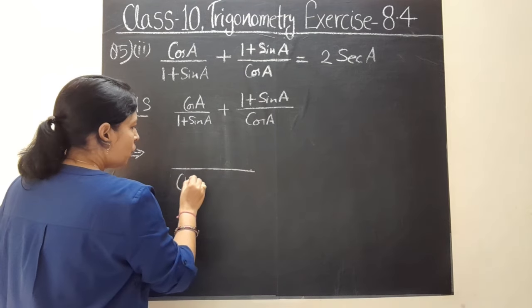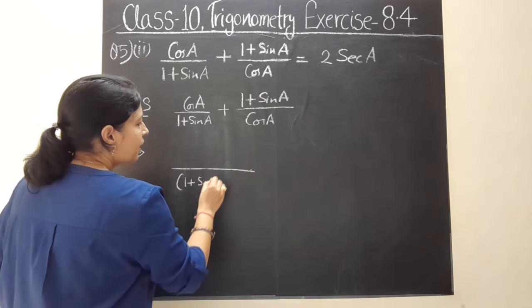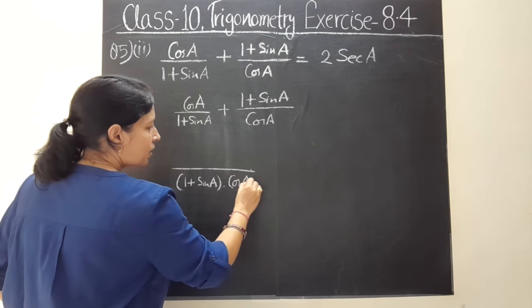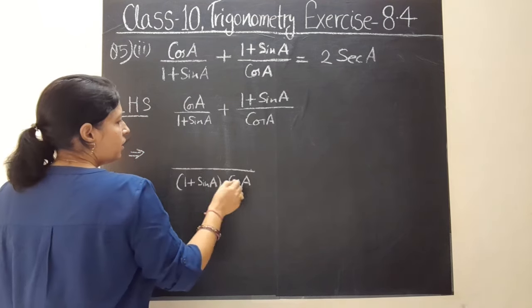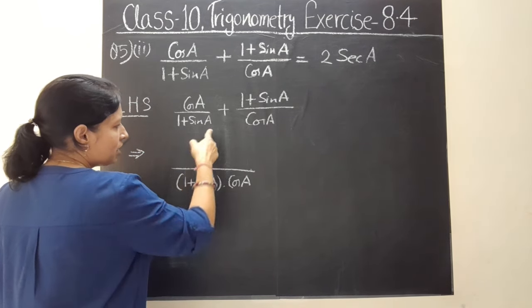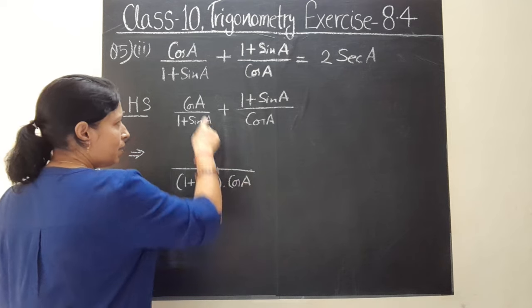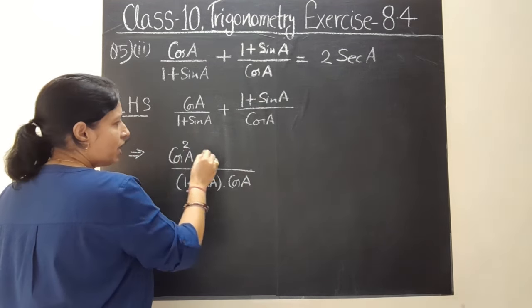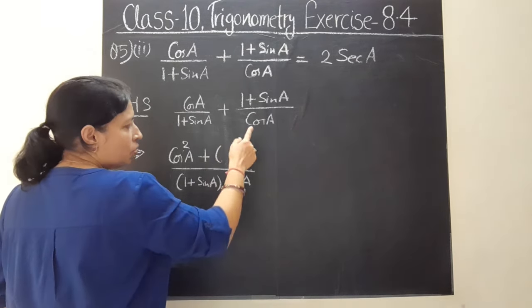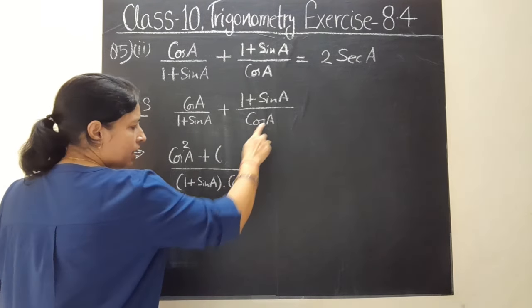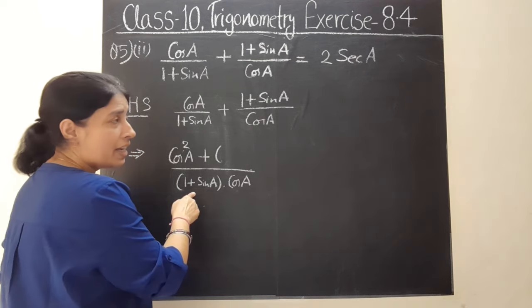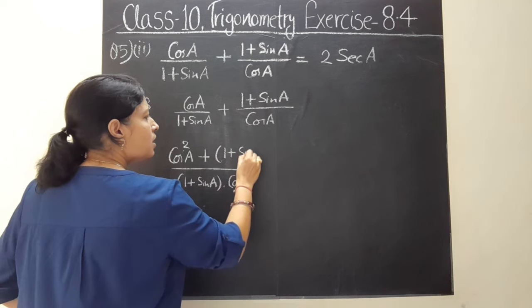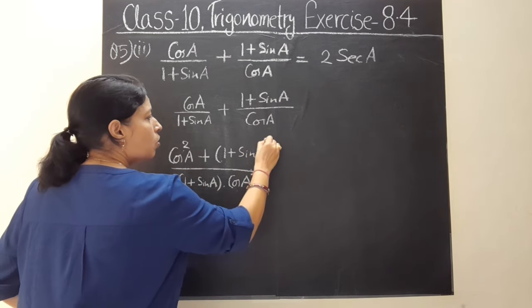It will be 1 plus sin A into cos A. Then divide this by 1 plus sin A, you will get cos A. Then multiply it here with cos A, it will come cos square A. Plus when you divide this by this cos A, you will get 1 plus sin A. So multiply it by 1 plus sin A, you will get 1 plus sin A whole square.